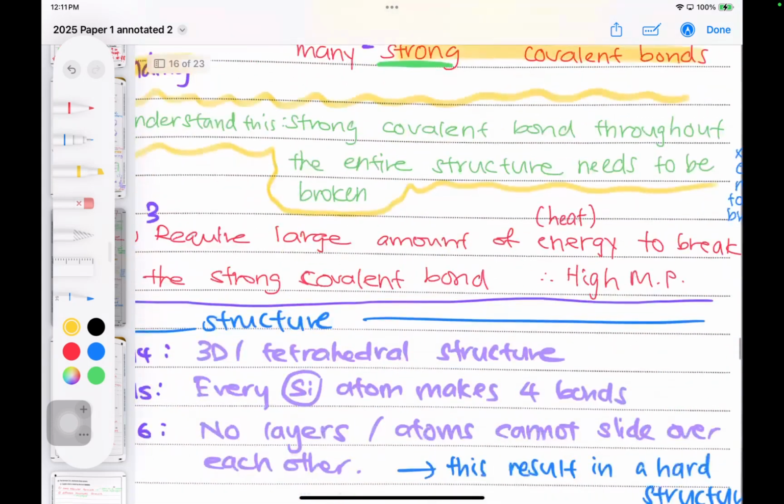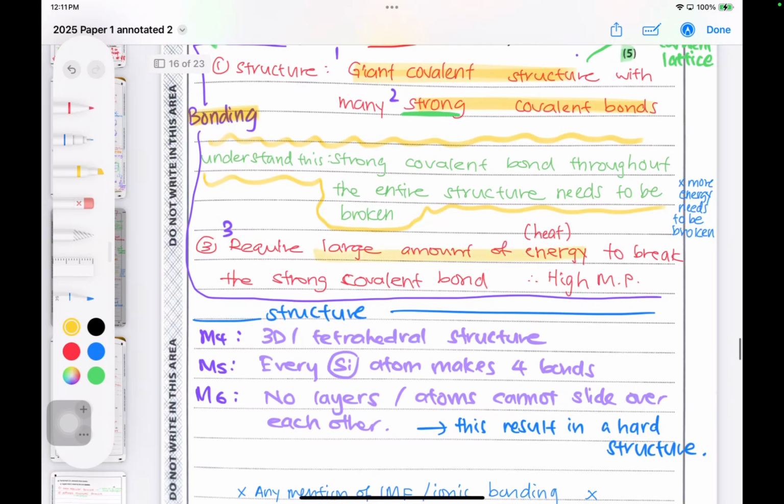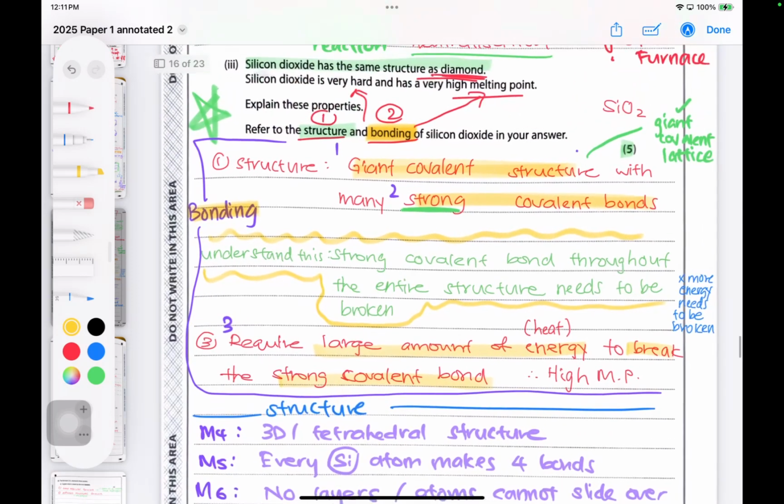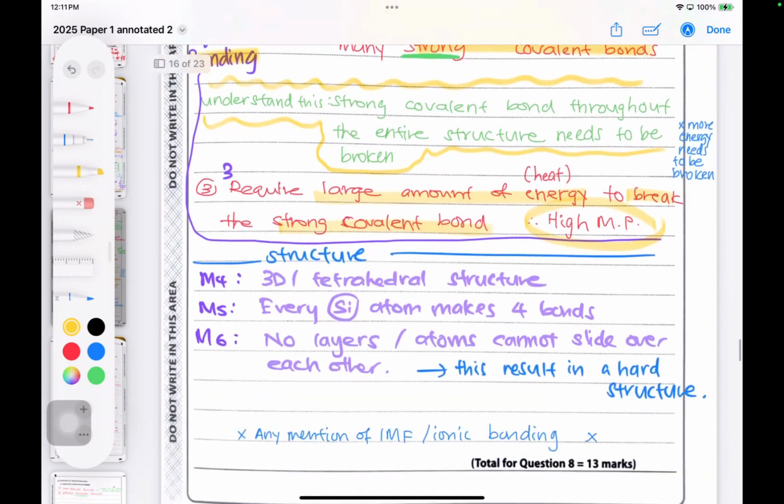So what does it mean then? It means that a large amount of energy is required to break the strong covalent bonds, and this is linked to the high melting point. Just by writing whatever I've mentioned so far that's highlighted in yellow will have gotten you 3 out of 5 marks. Then we look into the structure part.